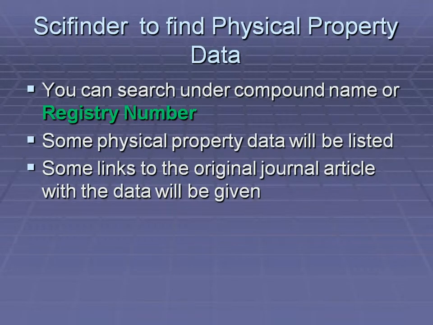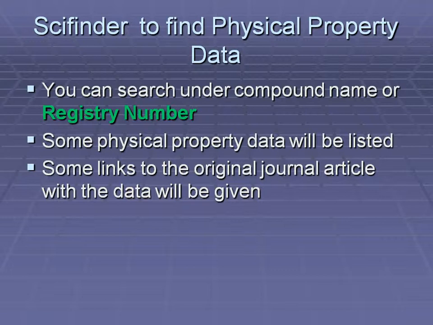And let me discuss briefly what's meant by a registry number. The registry number is like the social security number of chemical substances. Very often a chemical substance will have many names. For a drug substance, it could be a proprietary name, a generic name, or a name based on the chemical structure.